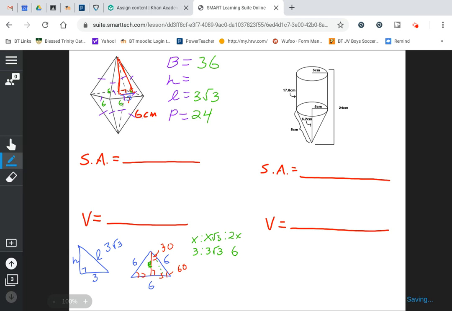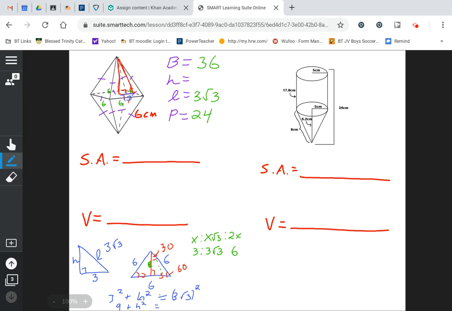Well, guess what? Right triangle, Pythagorean theorem, here we go. 3 squared plus h squared equals 3 root 3 squared. So that's going to give me 9 plus h squared equals 3 root 3 squared. 3 squared is 9.